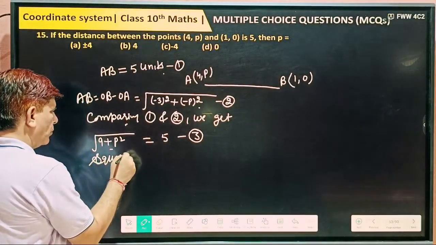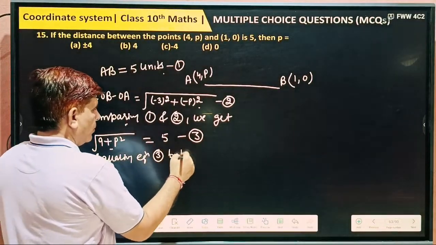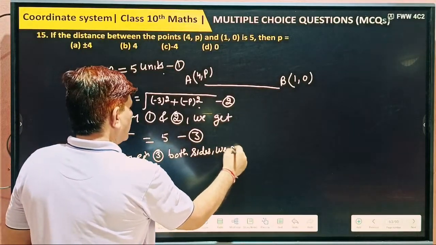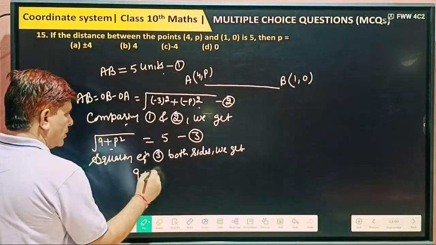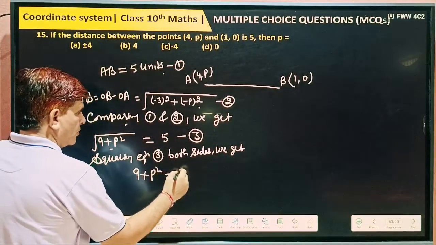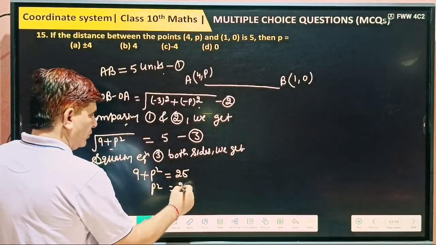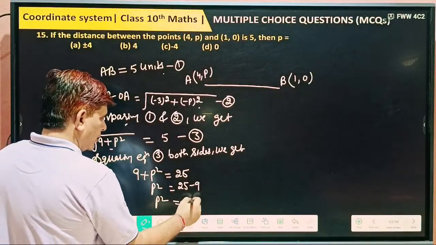Squaring equation 3 both sides, we get 9 plus P square is equal to 25. So P square equal to 25 minus 9, P square equal to 16.